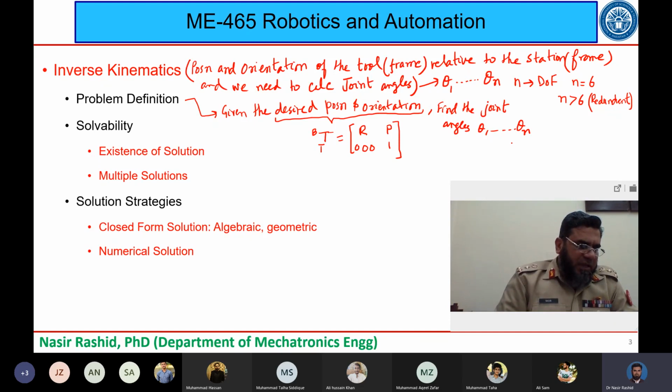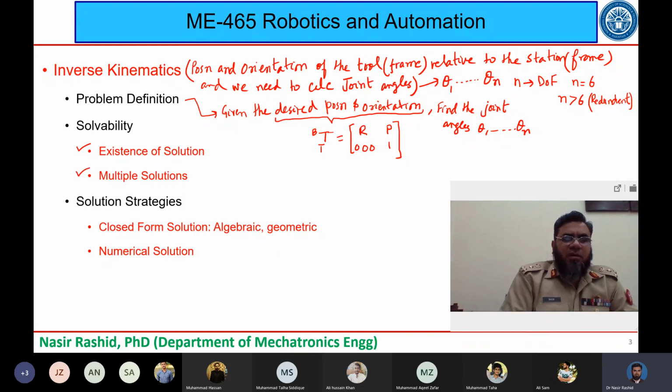The next is solvability. Solvability is going to tell us whether the solution exists.